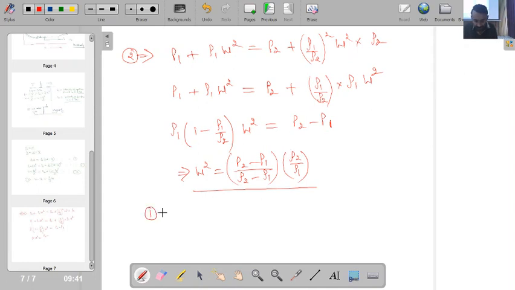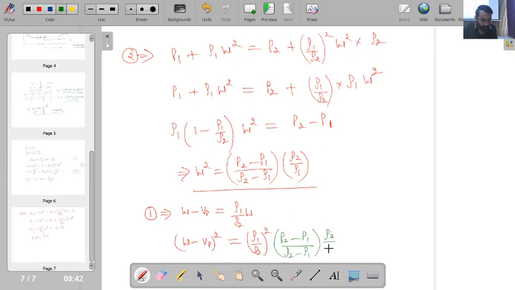Now from equation 1, W minus Vp is equal to rho 1 by rho 2 into W. Squaring this, W minus Vp square is equal to (rho 1 by rho 2) square into W square, and if I replace W square here, it becomes P2 minus P1 by rho 2 minus rho 1 into rho 1 by rho 2 times 1 upon rho 2 minus rho 1.